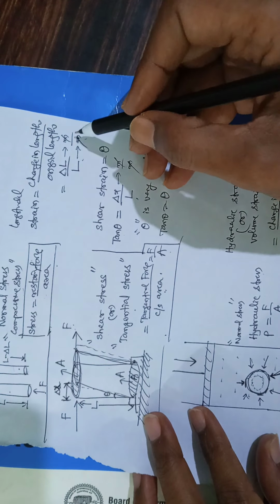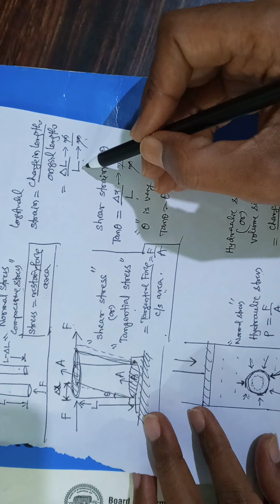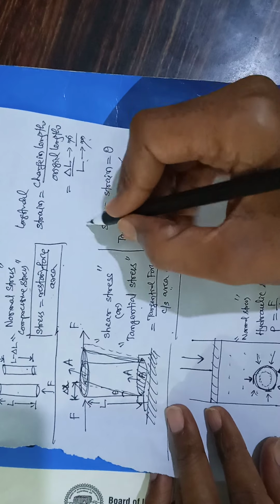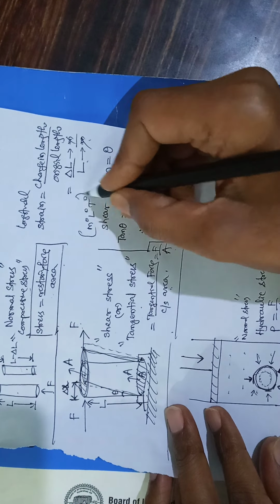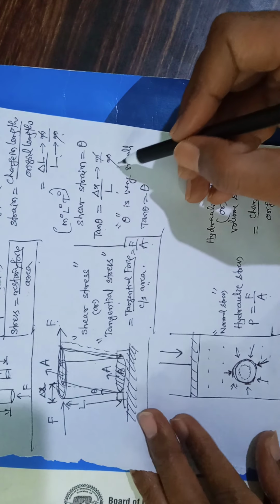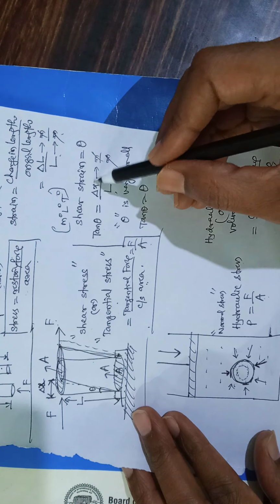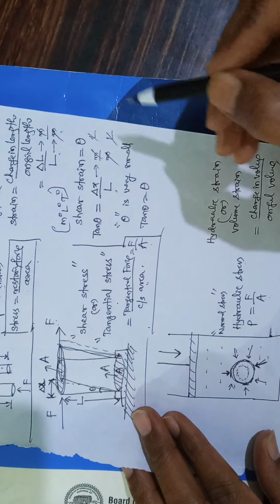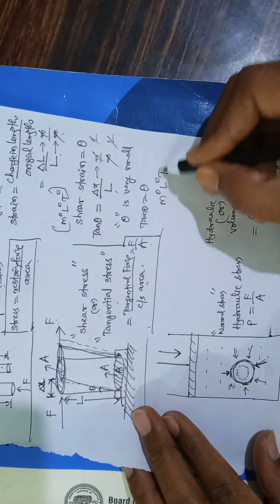Now coming to the strain. See, here length, L gets cancelled. So here for strain, M power 0, L power 0, T power 0. Here also the same thing, displacement by original length. This is L, L gets cancelled. So M power 0, L power 0, T power 0.